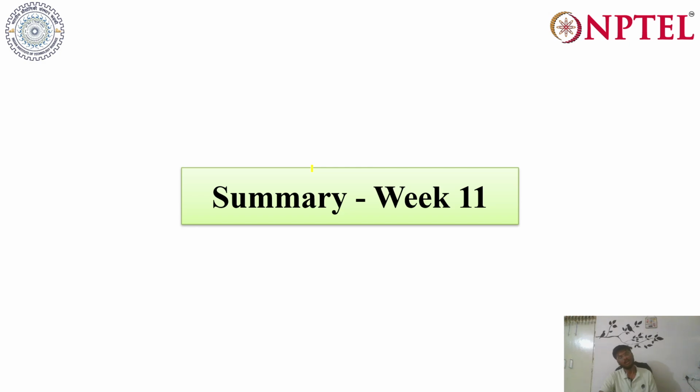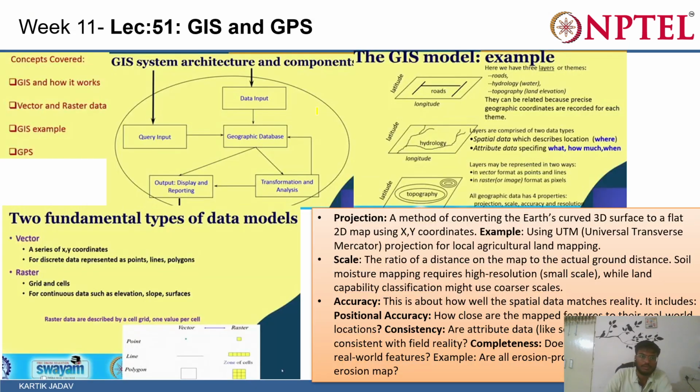In week number 11, we started with the GIS, that is Geographical Information System. I'm not going into detail. This is the framework of the GIS system. Whenever we import data into GIS software, the data input is generally in the form of a database, either vector or raster, and that geographic database we use for our aim.